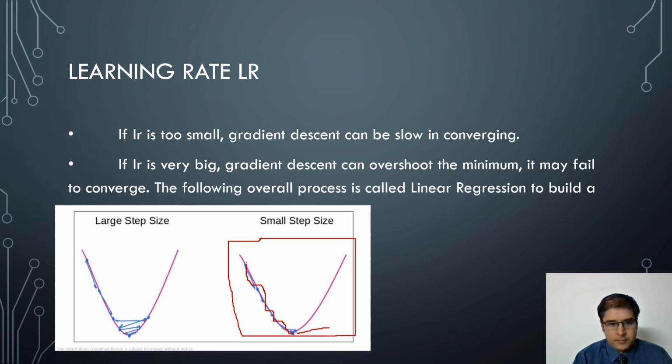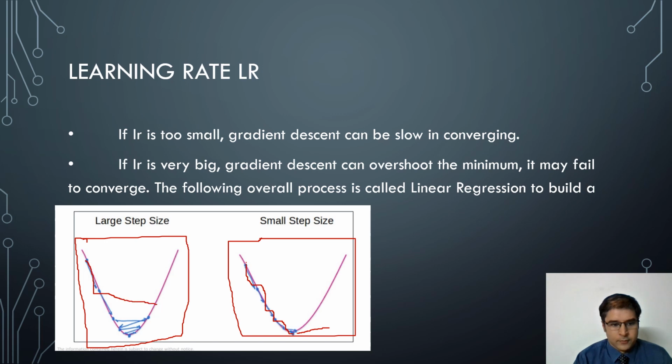If LR is very big, gradient descent can overshoot the minimum. So this is the large step size case. If the learning rate is very high, the change will be drastic in the cost function, and it may even skip the minima.